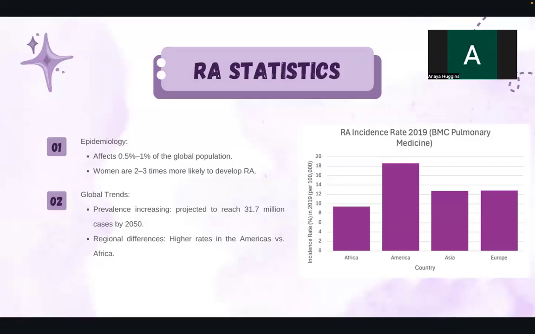So you can definitely see the disparity between these four specific continents. But also you can see the difference between America and Africa and how that is a big jump in the incidence rates between both continents.